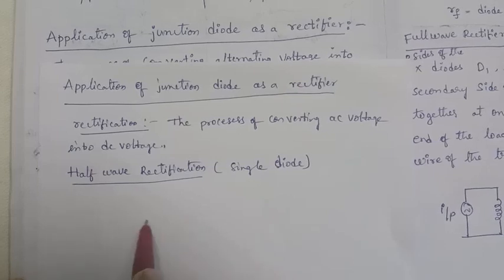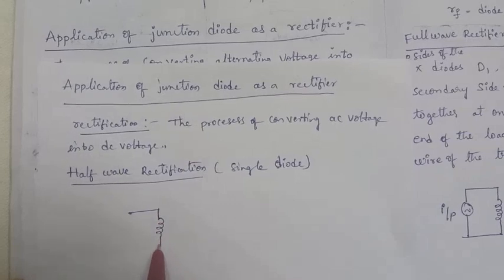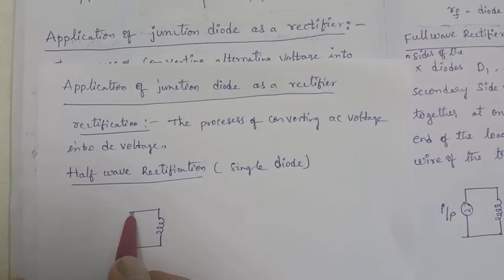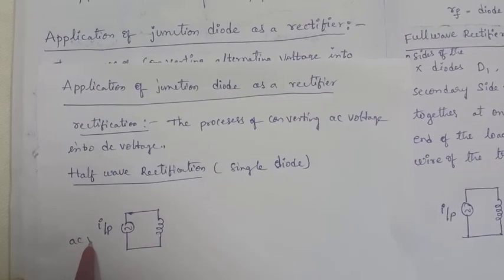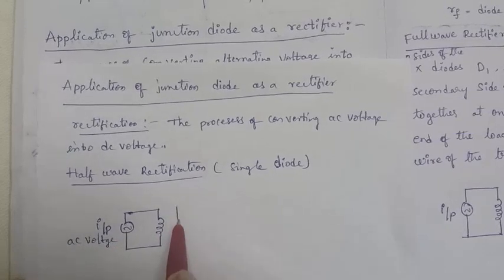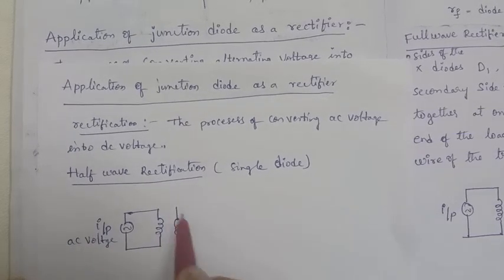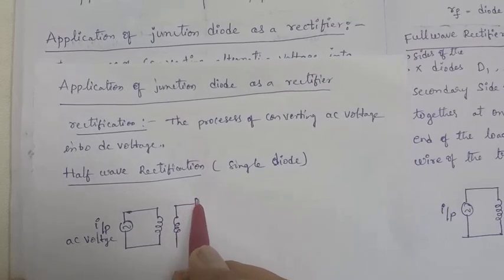First you take the transformer. Across the primary of the transformer you give the input of AC voltage. Across the secondary, one end is connected to the diode.